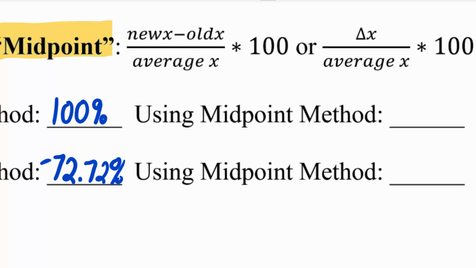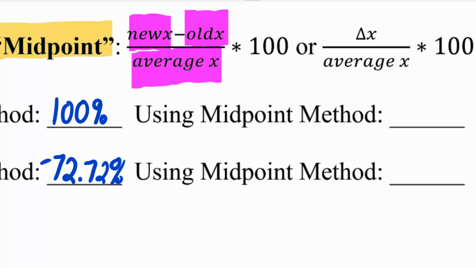It's very similar to the old formula, just one change. The midpoint formula says to take the new value of x minus the old value of x. Well, that's exactly the same way the other formula worked. The big difference is, instead of dividing it by the old value of x, we divide it by the average of the two values that we're considering.